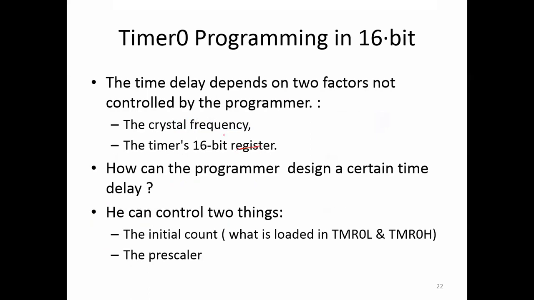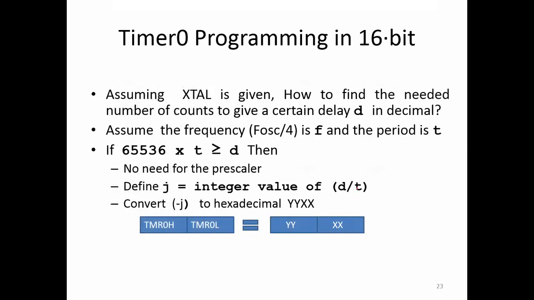So how can we design a certain time delay? As a programmer, we can modify the initial count, or we can use the prescaler. The initial count is the value that we load to timer 0 low and timer 0 high. Now, consider the case where the delay that we want to generate is less than the delay max.